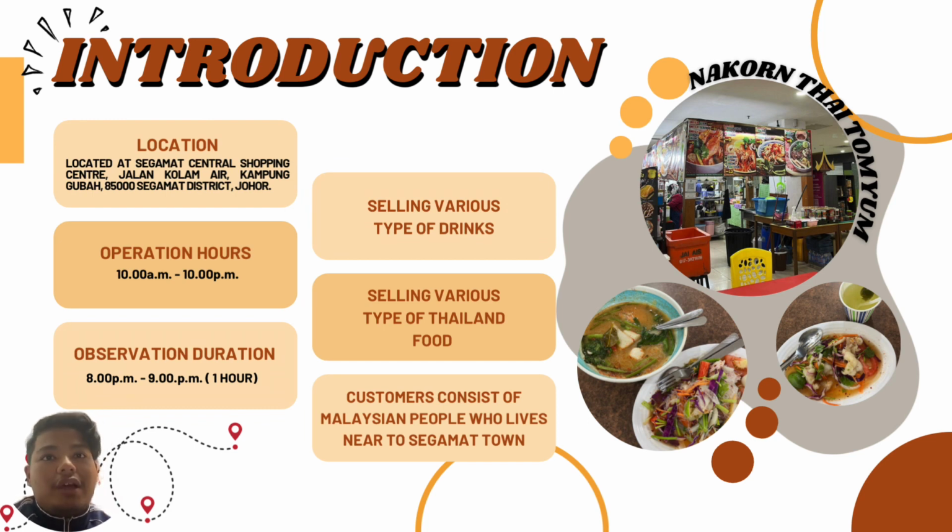The operating hours for this stall are from 10 a.m. until 10 p.m., and our observation duration was from 8 p.m. until 9 p.m. This shop basically sells various types of drinks, and of course their main dish is various types of Thailand food. Most customers are Malaysian people who live near Segamat district.